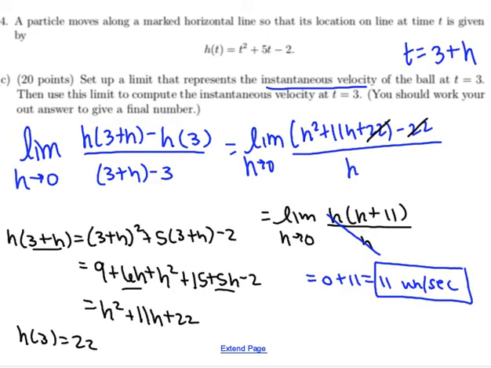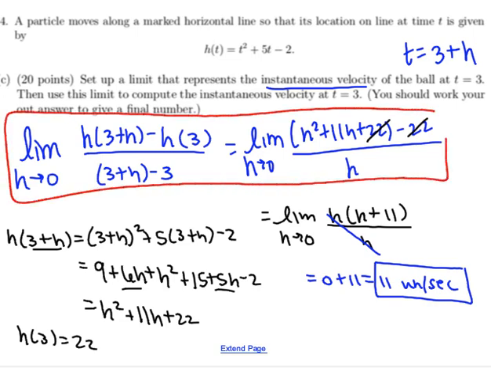Let's talk about our 20 points and how we earn them. Either one of these, doesn't need to be both. Either one is 5 points. So write down one or the other, that's 5.